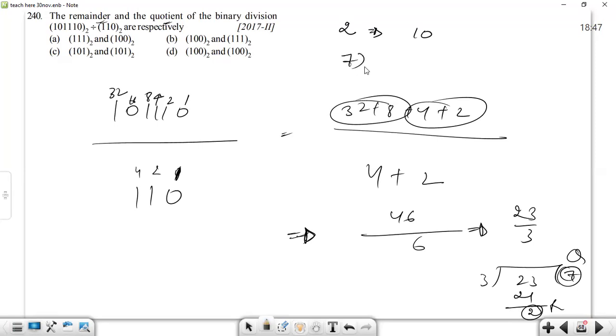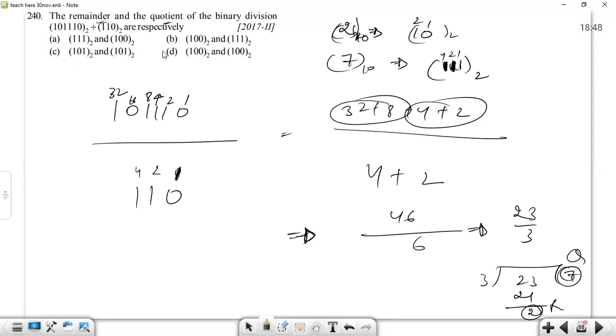And 7 in binary can be written like this: 1, 2, 4. If we add 4, 2 and 1, this is 7. Any doubts?